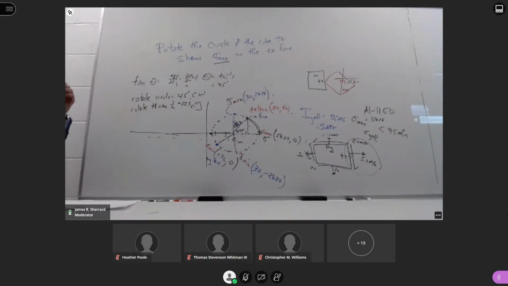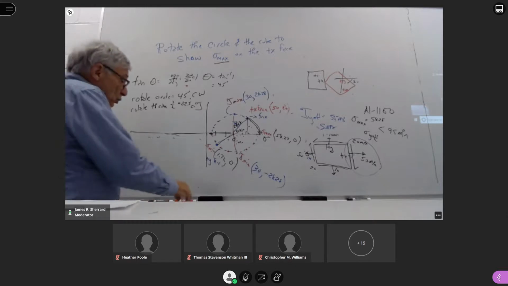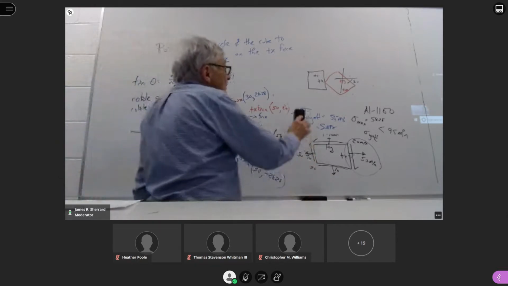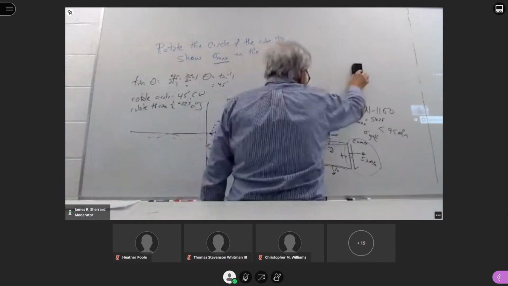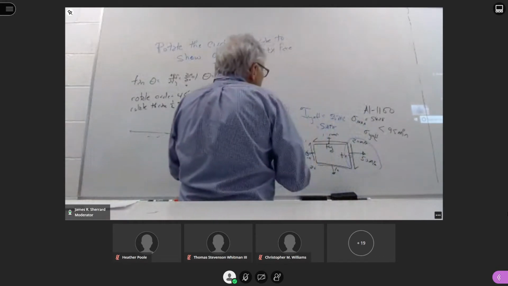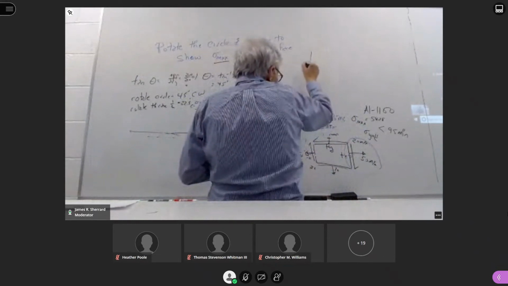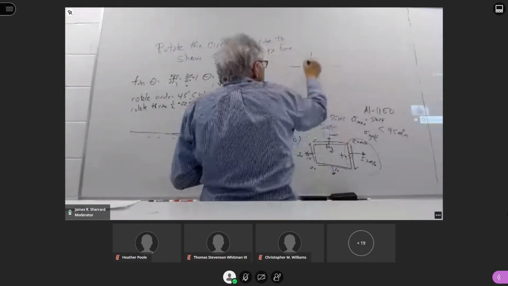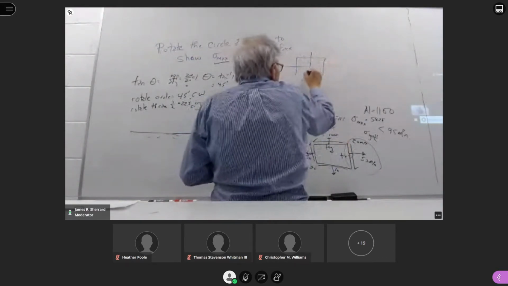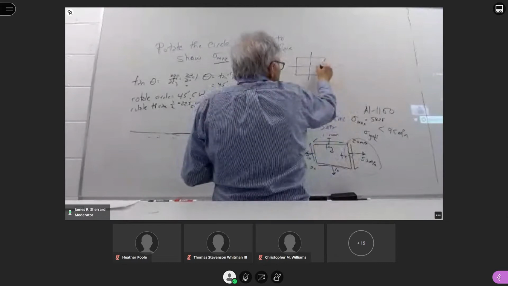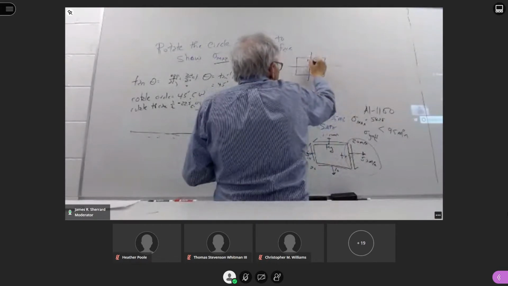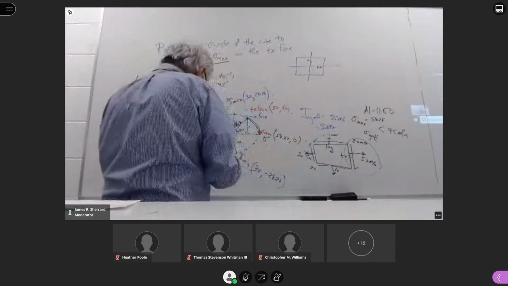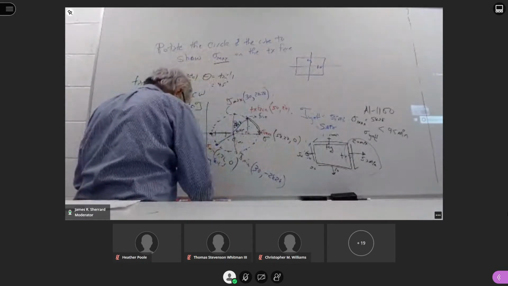So if I go to rotate the cube, I started like this, where this is the plus x face, this is the plus y face. Okay.